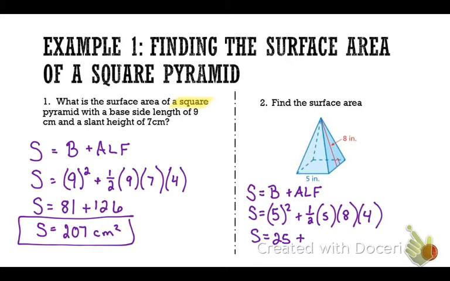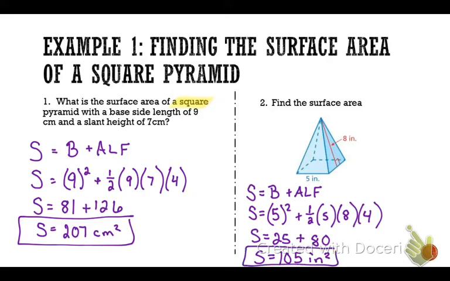Nope, doesn't matter. So take half of 8, and that makes 4. 5 times 4 is 20. 20 times 4 is 80. 25 plus 80 gives me my surface area of 105 inches squared.